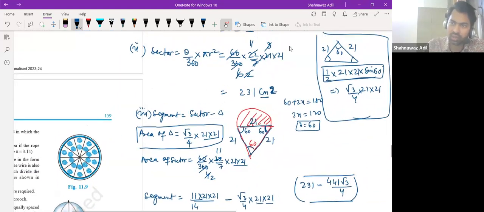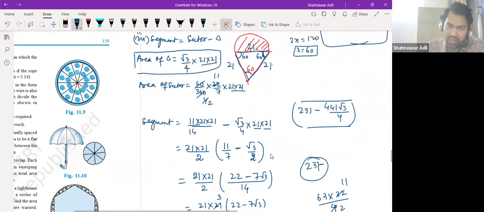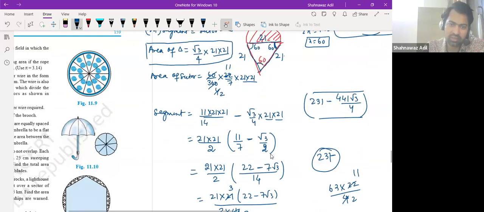Yes, so we can use this one, or if we know that this is an equilateral triangle, we can use this one. So in the NCERT they are getting this, so we have made some mistake, right? Oh, yes, good.